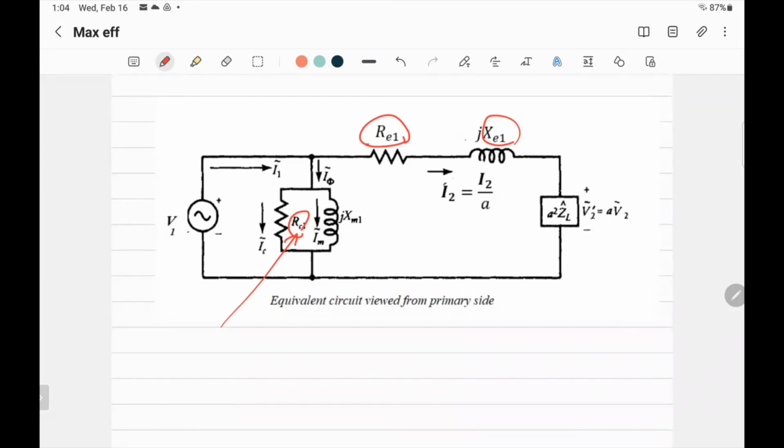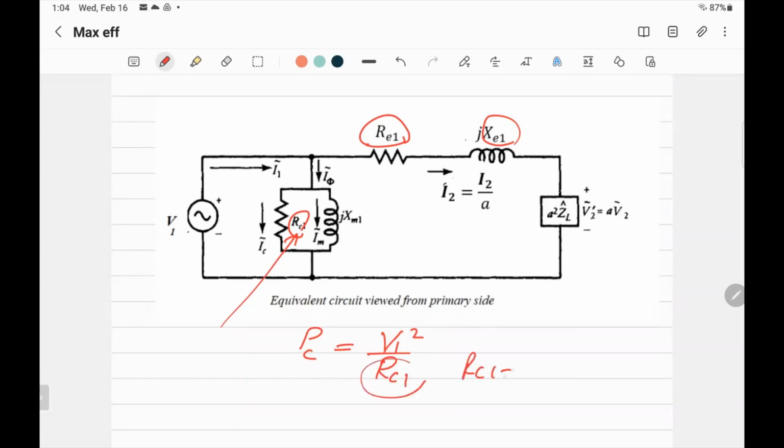RC1 across V1 represents the core loss. So the power in this RC will be the core loss, equal to V1 squared over RC1.